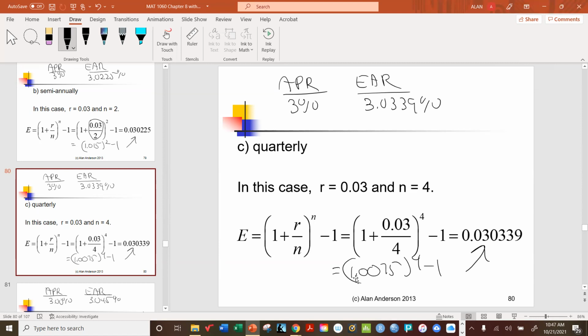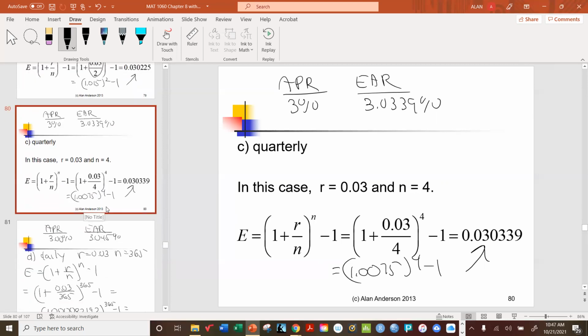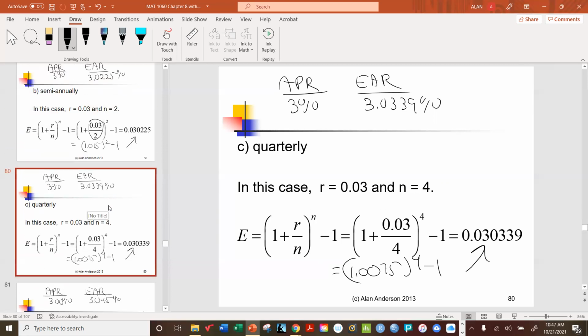And so now you've got 1.0075 raised to the fourth power minus 1, which is 3.0339%. And again, it's not a big difference, but it is more than what we had with semi-annual compounding. Now, as we keep increasing the frequency, of course, you'd expect this to keep rising, and you'd be correct.